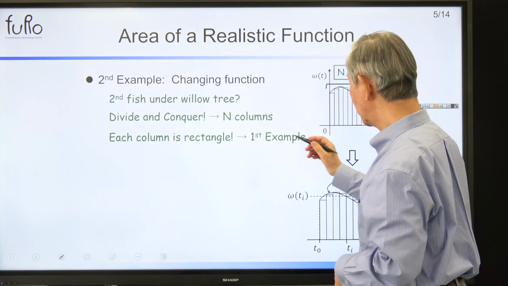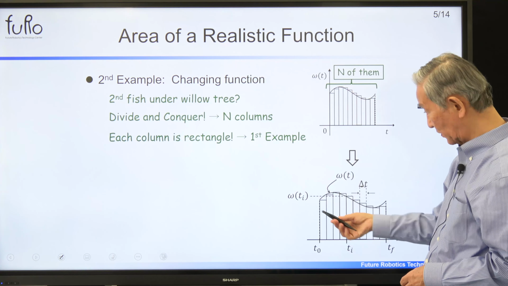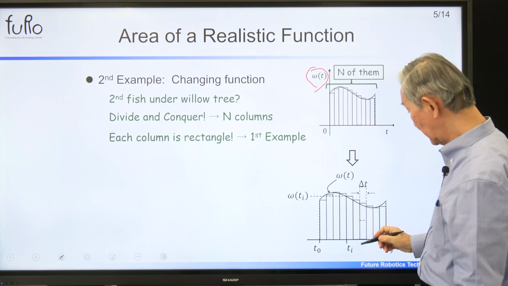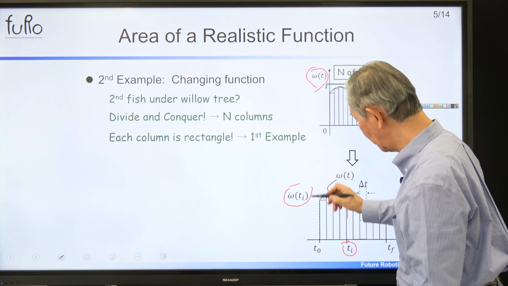So, first example here, and we have some notations. This function is called omega of t, and at t_i the value is omega of t_i.